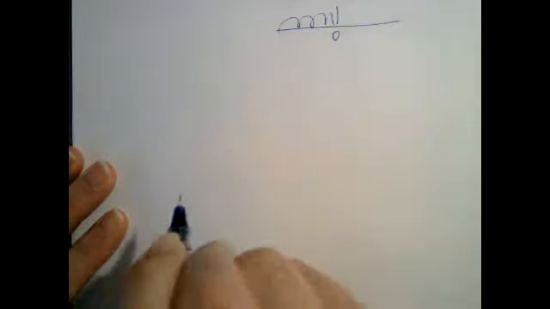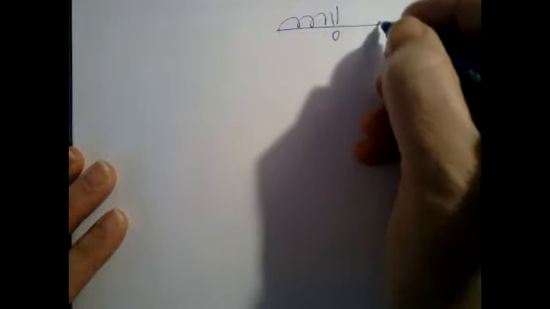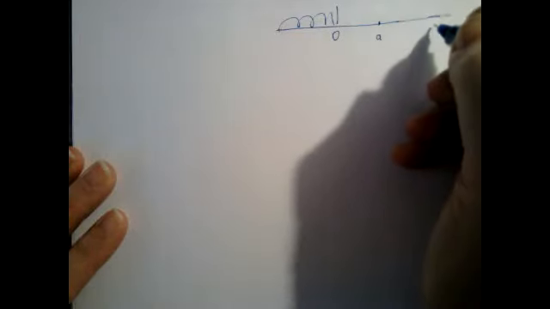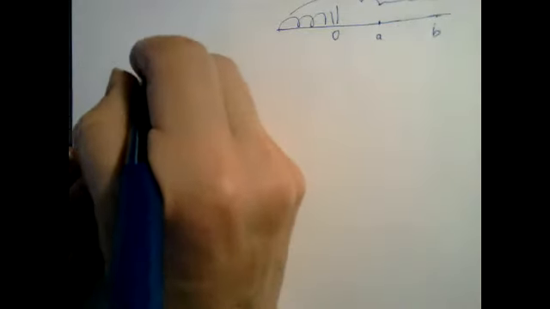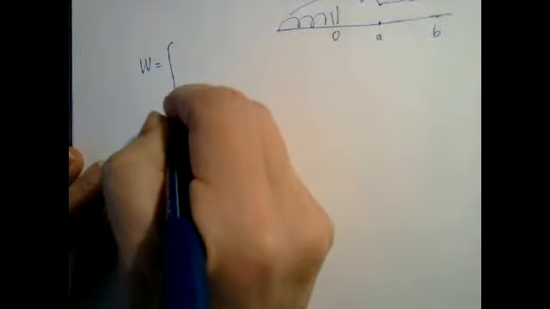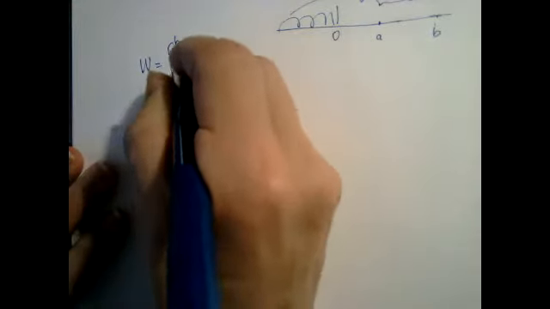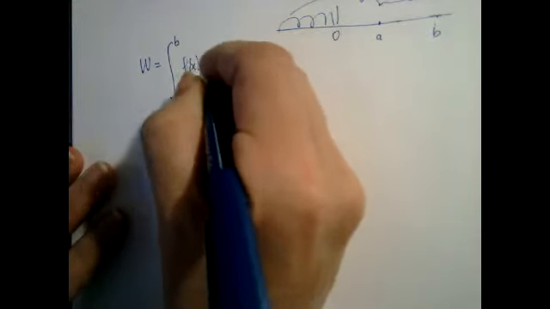Okay, so yesterday we've talked about stretching a spring and the work that's done on the spring. The idea was basically that if this is the spring, that's its equilibrium position, and you stretch the spring from A to B, so you stretch it from here all the way to here, then the work done was the integral from A to B of f of x dx.